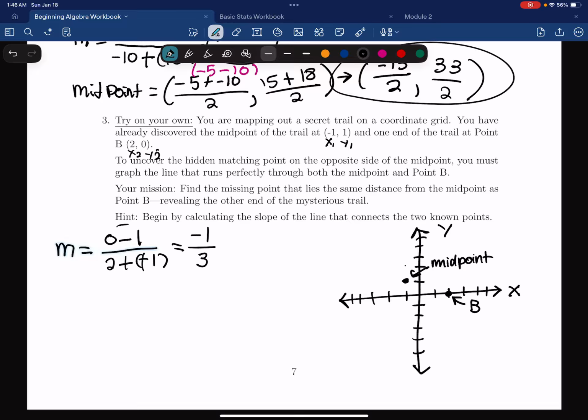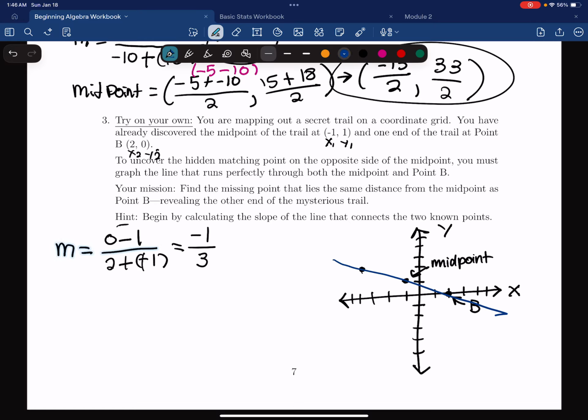So we're going to go up by 1 and left by 3. Oops. This isn't directly aligned. There we go. So this is our other end of the trail.